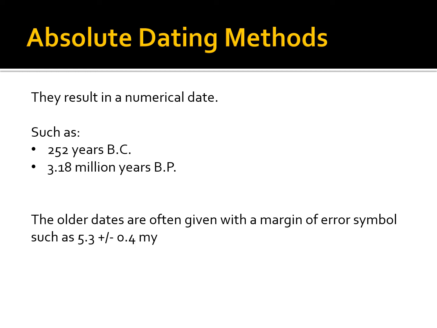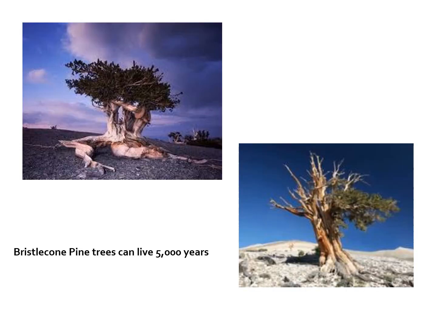And the older dates are often given with a margin of error symbol such as 5.3 plus or minus 0.4 million years, right? And that's because when you start to get further back in time, the older a specimen is, the more difficult it becomes to use chemicals, or the more degraded the chemicals are that you're using to date that particular item.